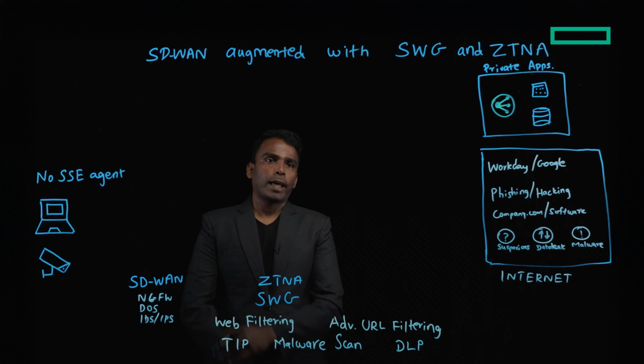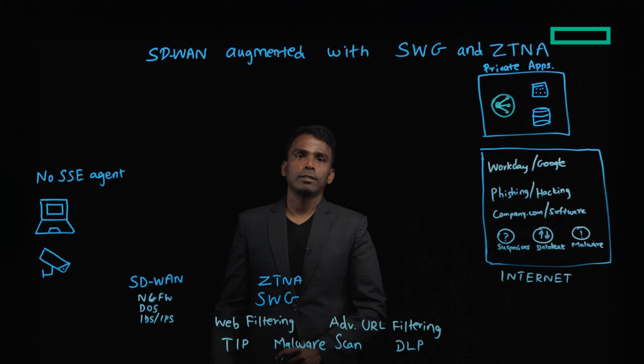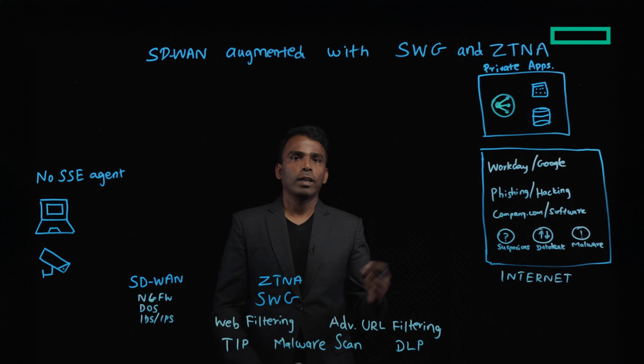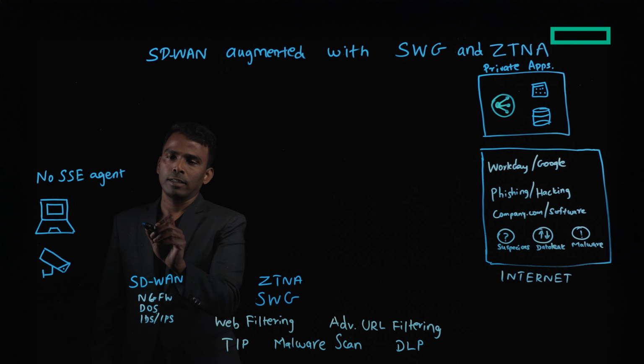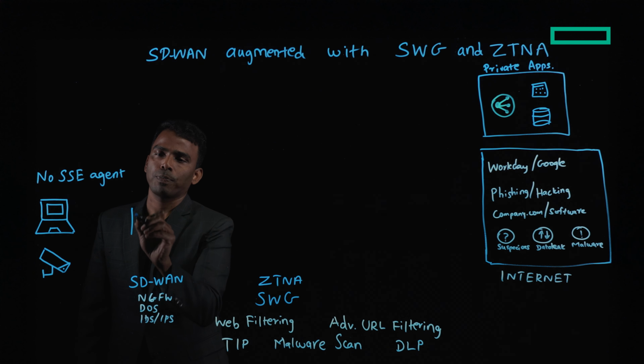With these challenges in hand, how do we ensure these devices safely access the internet but are protected from web-based threats? Well, it starts with the SD-WAN gateway acting as a first layer of defense.